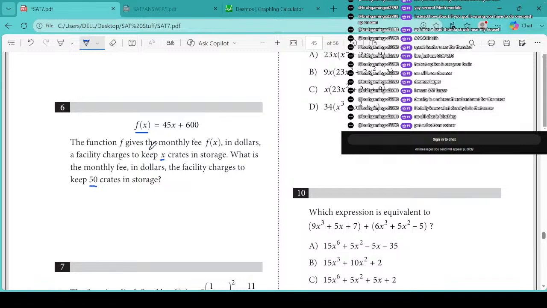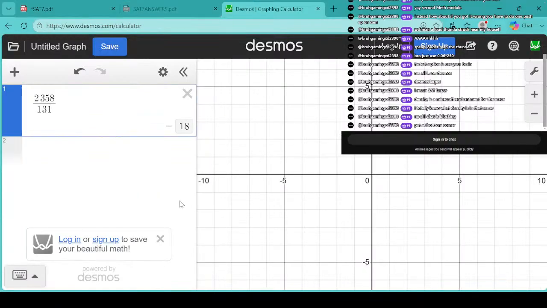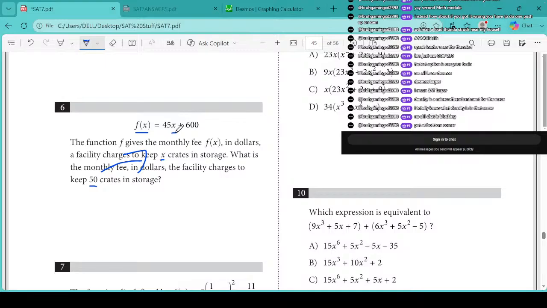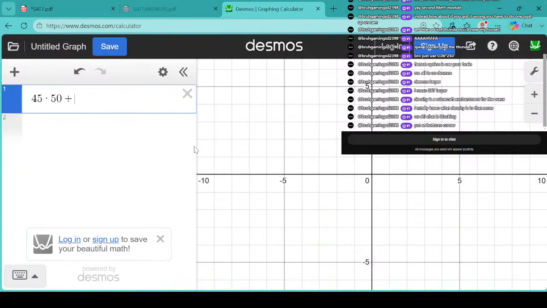If you want 50 crates, you replace x with 50. So you get 45 times 50, because x is 50, plus 600. I'm pretty sure you don't need parentheses for this. Yep, you don't need parentheses. It's 2850.